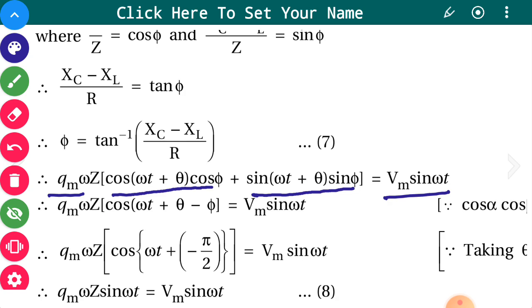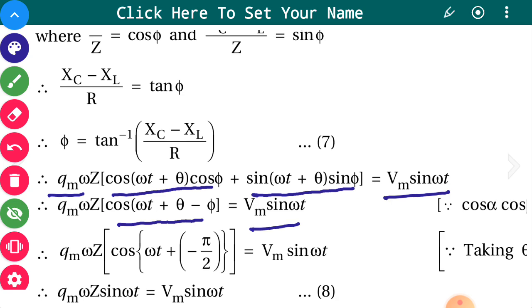Here this remains as it is. Now this is the expansion of cos(omega t plus theta minus phi), which comes from trigonometry, and it can be written as cos(omega t plus theta minus phi). It is equal to Vm sin omega t.